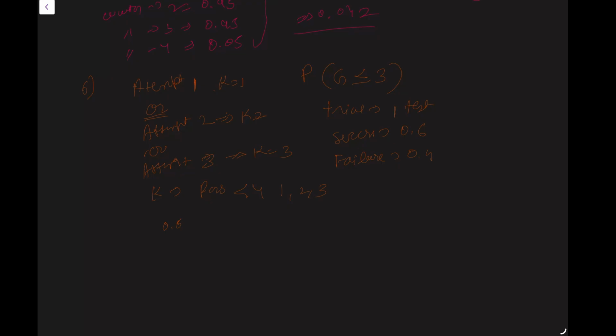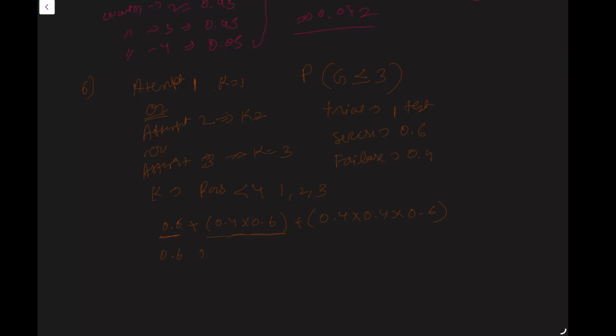The person scores in the second attempt, which means he failed in the first one, so 0.4 times 0.6. Then the last one is 0.4 times 0.4 times 0.6, which means he failed in the first and second attempts, but lastly in the third he won.